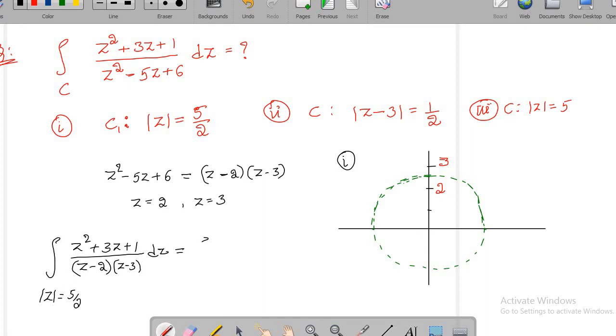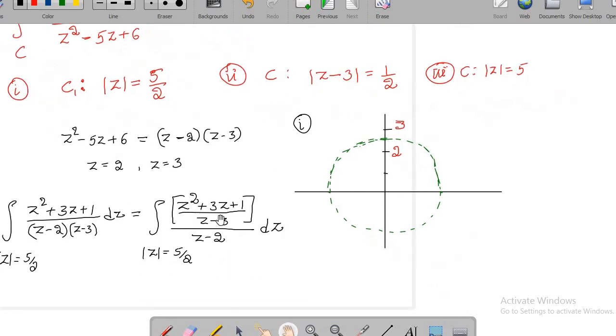So I'll write it like this: 1 by z minus 2 into the rest, which we take as f of z. In other words, you can write it this way as well: z square plus 3z plus 1 whole divided by z minus 3, and this divided by z minus 2, into dz.